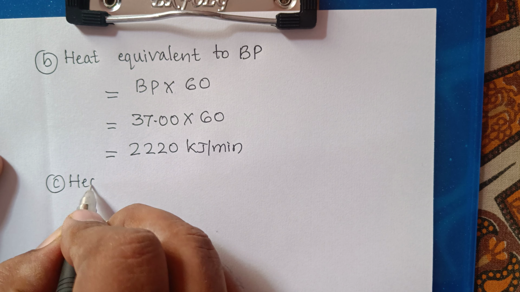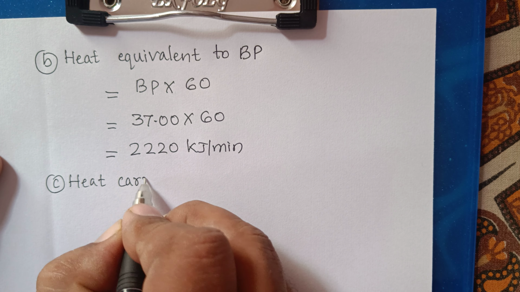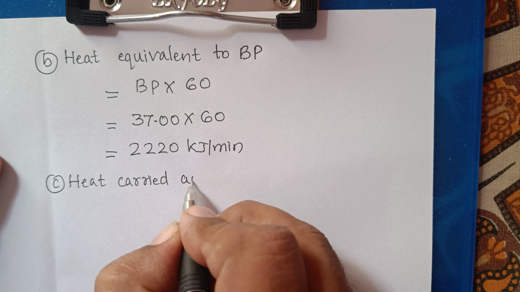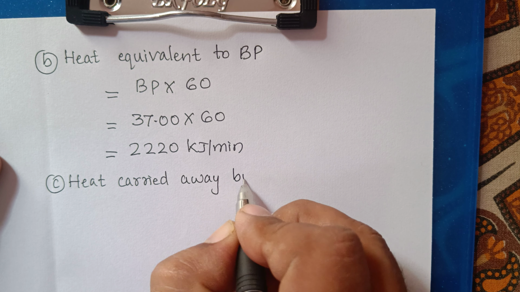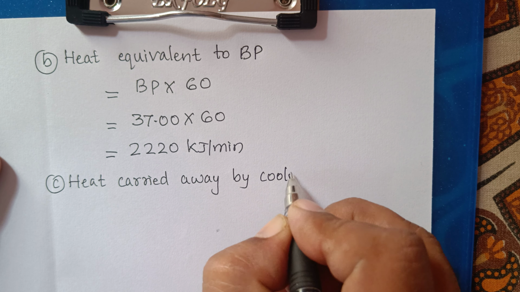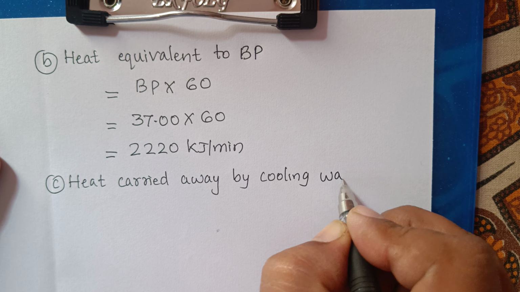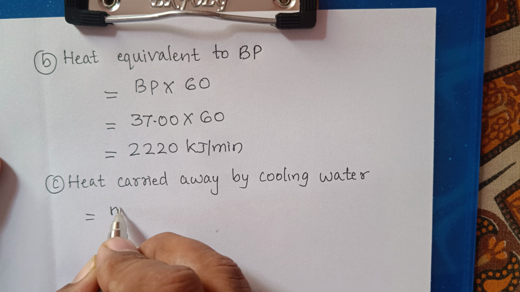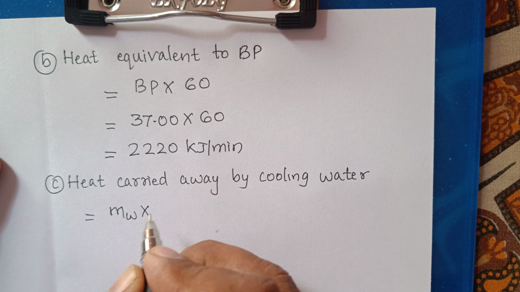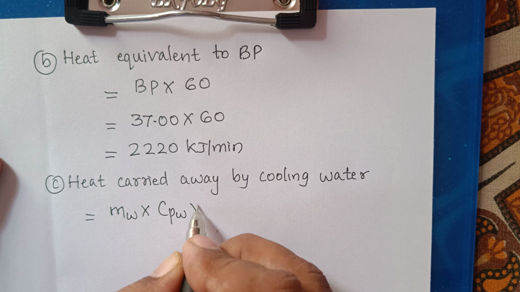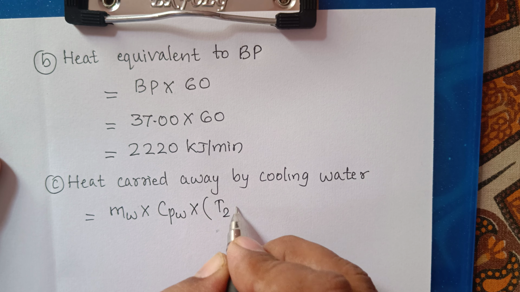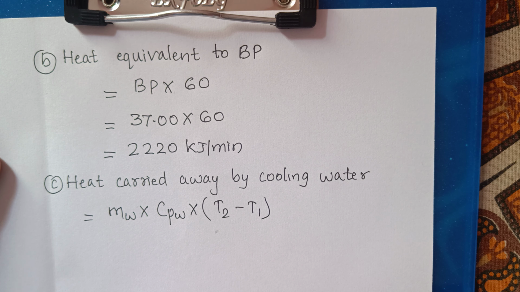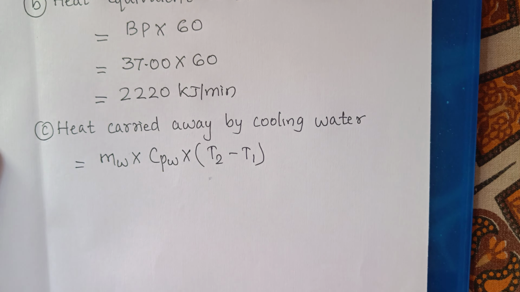Then after this, find out the heat carried away by cooling water. It will be equal to mass of cooling water, mW, into Cp of cooling water into T2 minus T1, that is the rise in temperature of cooling water.